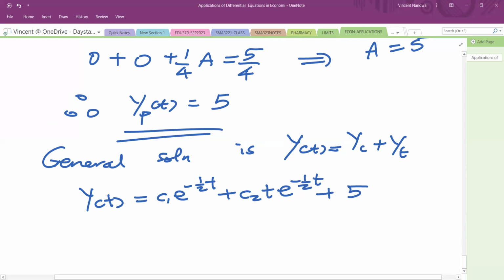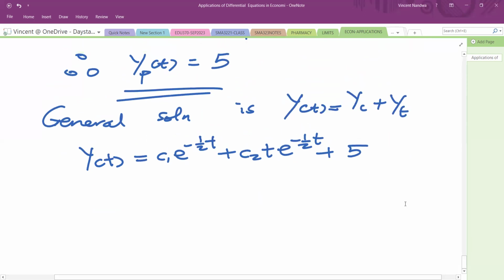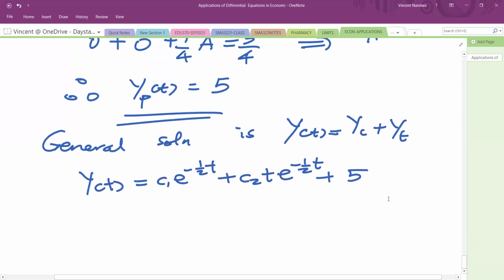That is the general solution, but we have been told that C at 0 is a half, and I at 0 is 7 over 2.